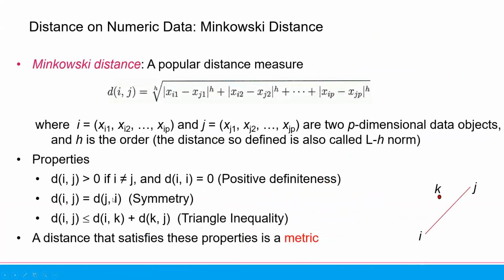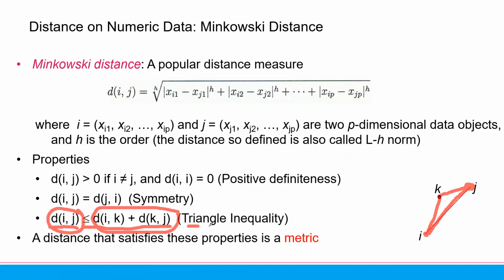And the other property is Dij is less than or equal to Dik plus Dkj. So let's suppose I have i here and I have j here. The distance from i to k plus k to j will be higher than or equal to the Dij.